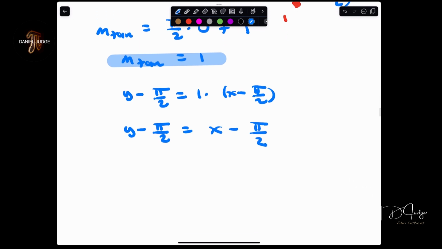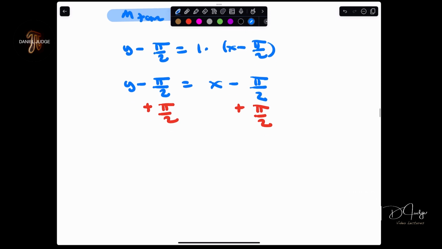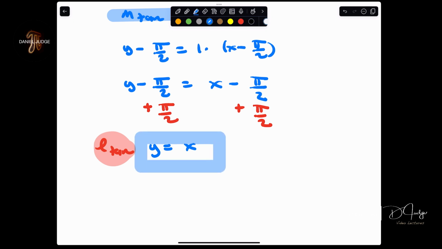And notice what's happening. You got that minus pi over 2 on both sides. So if I add a pi over 2 to both sides, it cancels. So that particular line is just x. This is my L tangent. This is the equation of the line tangent to the curve. Y is x. There's your answer. All right.